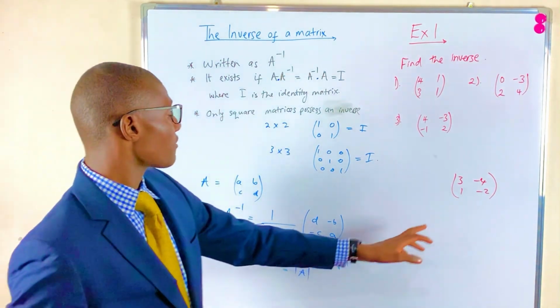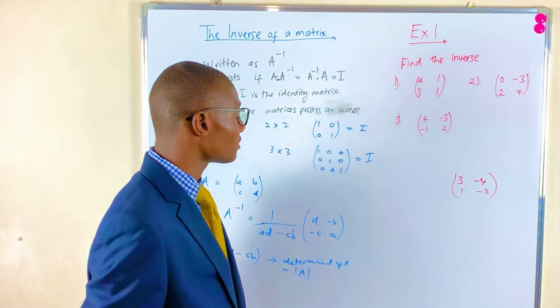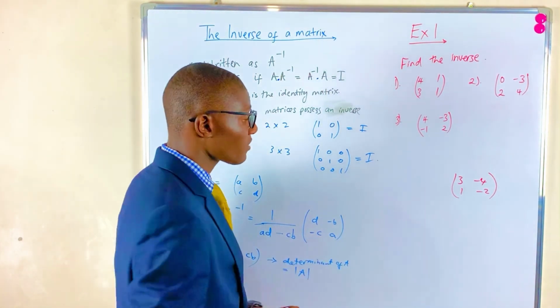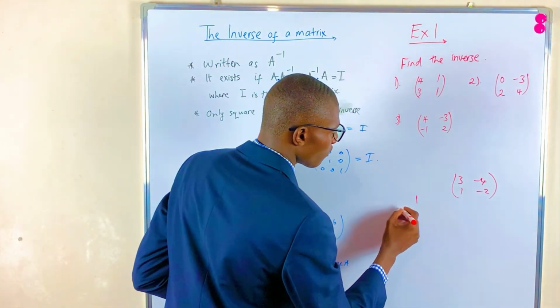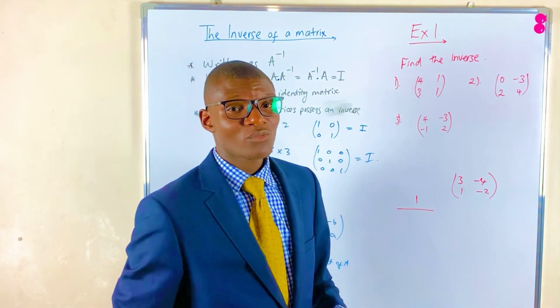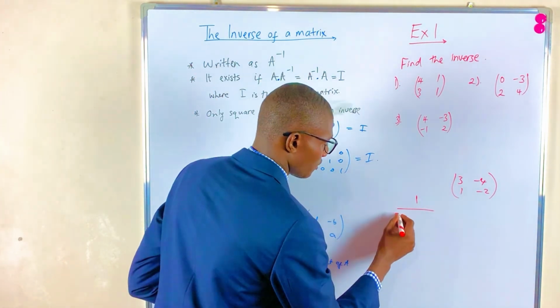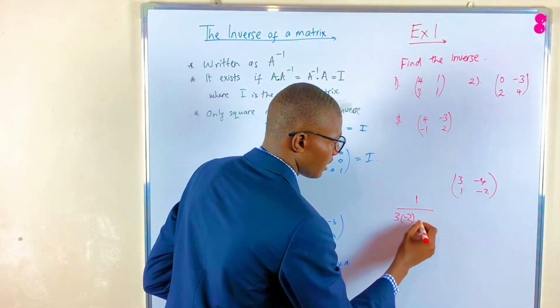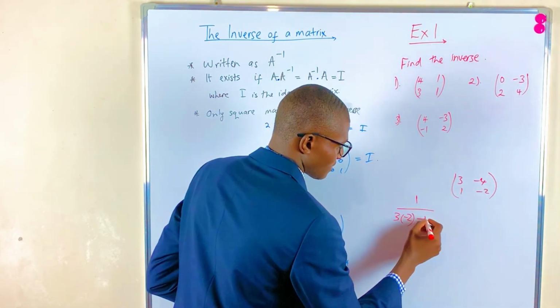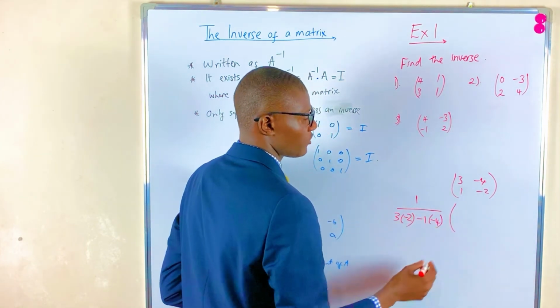So now let's say we've got this example here. For this example, we're required to find the inverse of this matrix. So for the inverse, we're simply saying 1 over the determinant, given by the difference of the products of the diagonals. So 3 times minus 2, then minus 1 times minus 4, times the matrix.